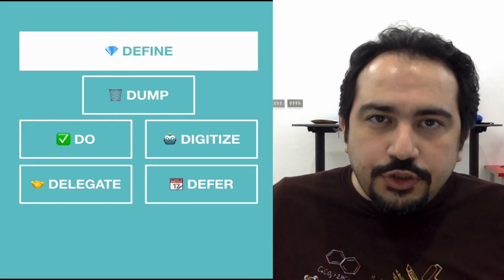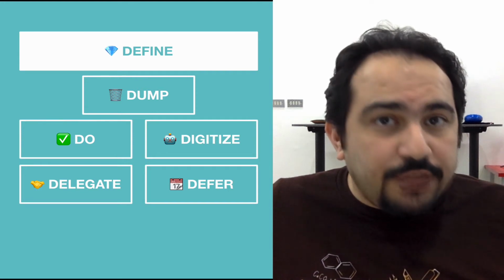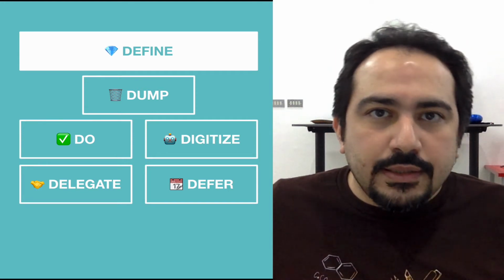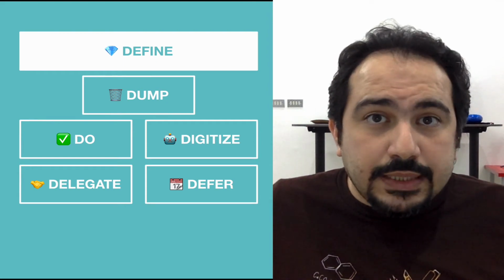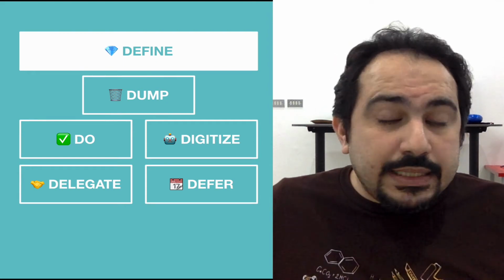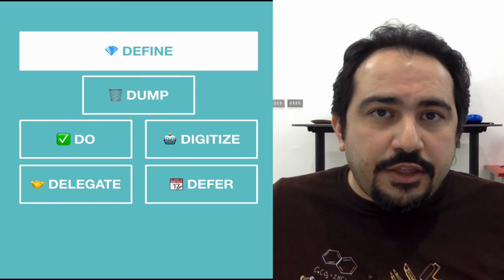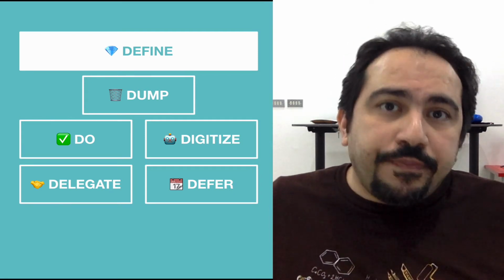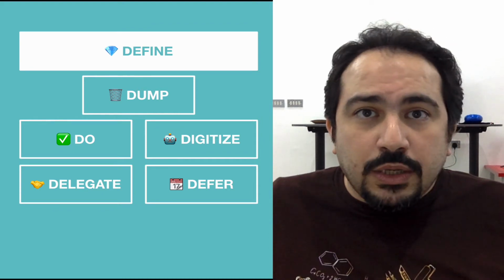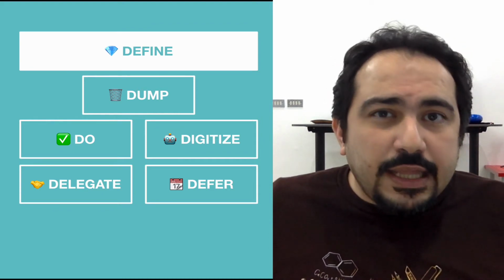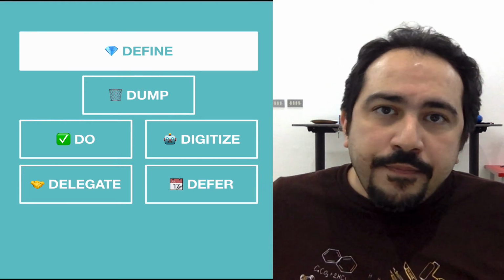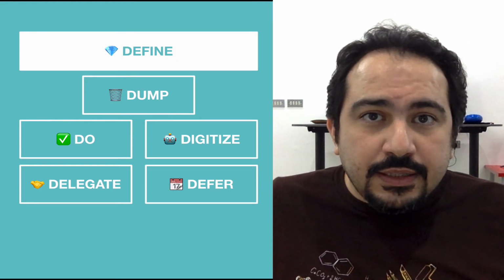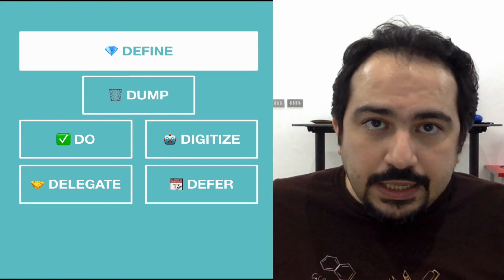So that's a bit general, or you can be specific: Tuesday at 12 p.m. I'll be working on this. Or it can be just basic buckets of: these are things I would like to work on soon, and these are things that I will work on later. So anything that you know is not going to show up in the next week, 2 weeks, 3 weeks, you're actually deferring it for an indefinite amount of time.